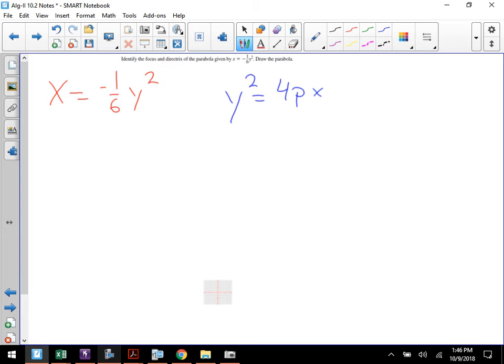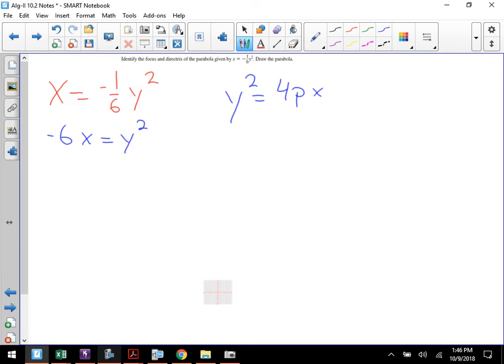Divide by a fraction, which means I'm multiplying by its reciprocal. So I multiply both sides by -6. Nope. Not dealing with slopes. I'm just doing that. Everybody okay with that? Is it okay if I just flip-flop the order then?